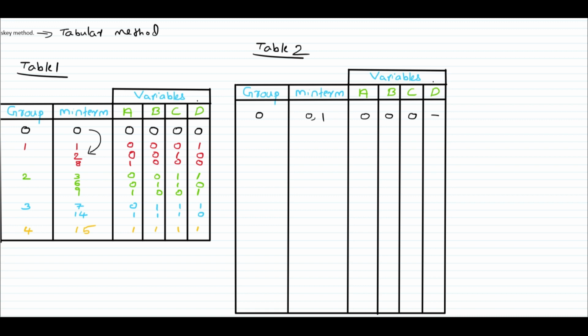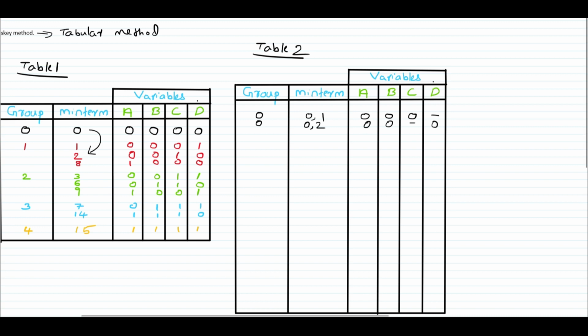And D is same. Only C is changing. All other three bits are same. So we can write that also. So next, group 0 maintains 0 and 2. They will have 0, 0. C is changing. So put a dash there. And D is 0 in both the cases.